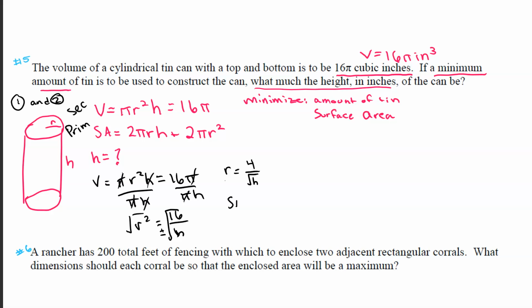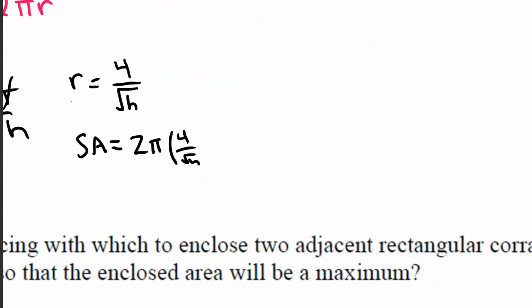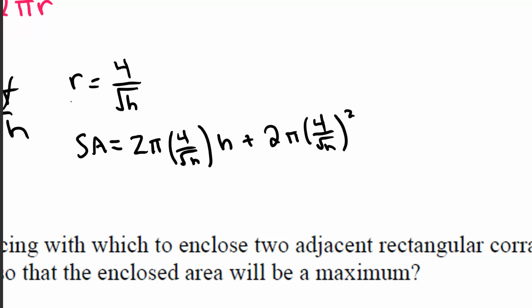So I've got surface area is equal to 2 pi r. So instead of r, I'm going to have 4 over root h, times our height, plus 2 times the base area, which was pi, and then r squared, 4 over square root h squared.